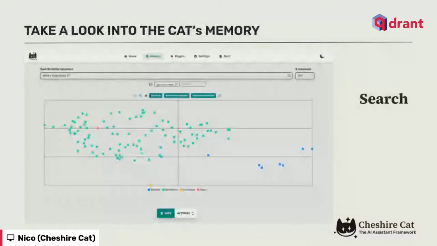And last but not least, we go in deep on the memory. This is the visualization that Piero showed before. This is the vector space in 2D. We use t-SNE, very similar to the Qdrant Cloud visualization for the embeddings. We have the search bar, how many vectors we want to retrieve. We can choose the memory and other filters.